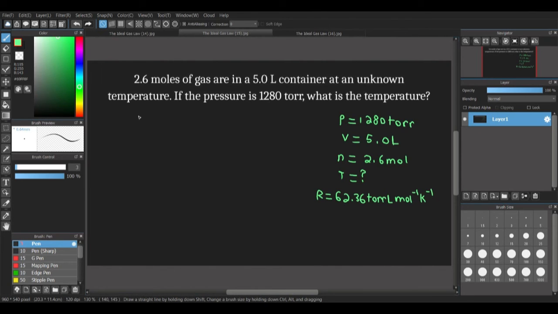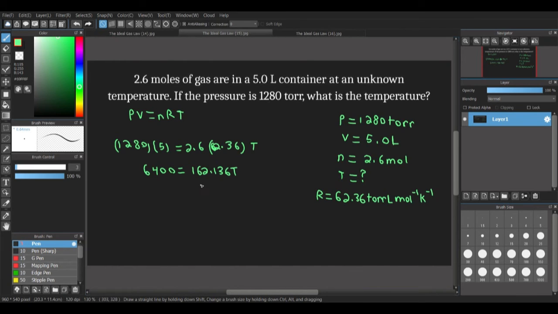And now we could write our ideal gas law. PV equals nRT, and we're going to plug in what we were given. So we have 1,280 times 5 equals 2.6 multiplied by 62.36 times the temperature. Doing the math on the left gives us 6,400 equals 162.136 times the temperature.